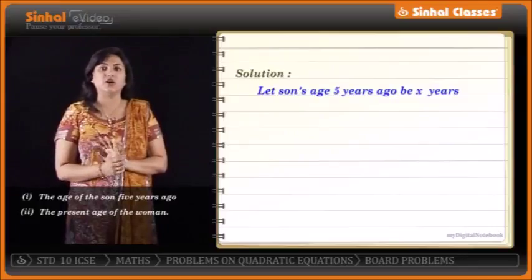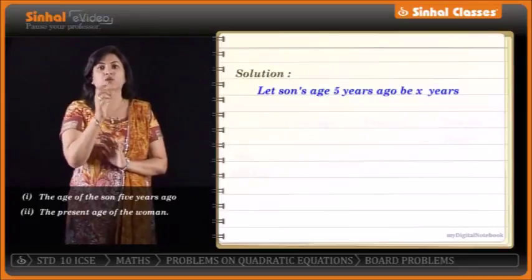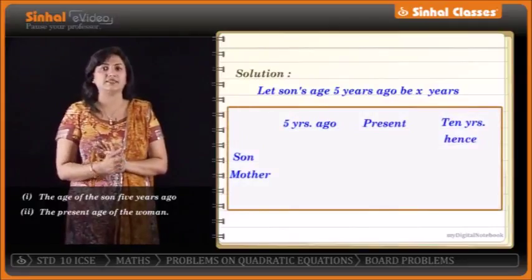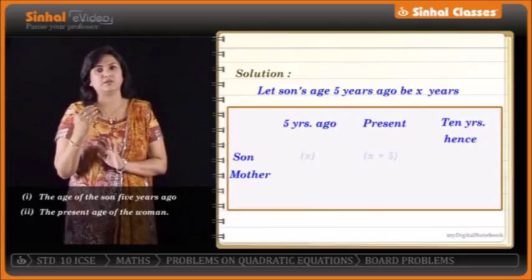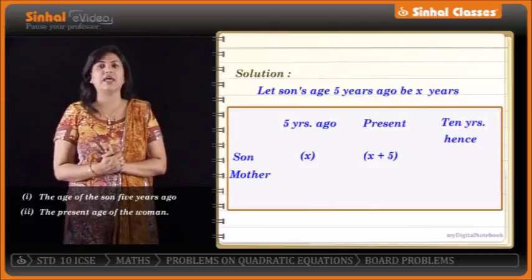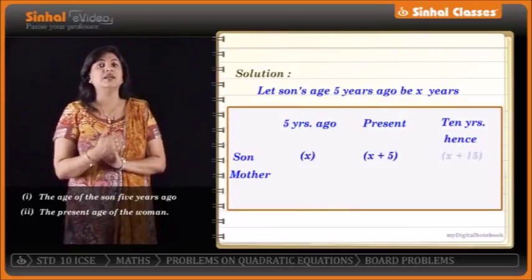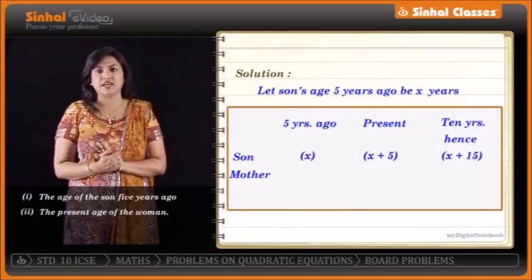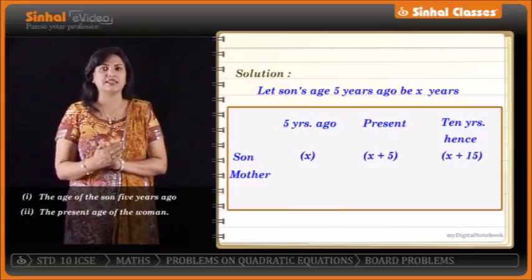Now we make 3 columns, age 5 years ago, then present age and age 10 years hence. Now the son's present age will be x plus 5 and his age 10 years hence will be x plus 15. Now the mother's age 5 years ago will be the square of his son's age, that is x square.